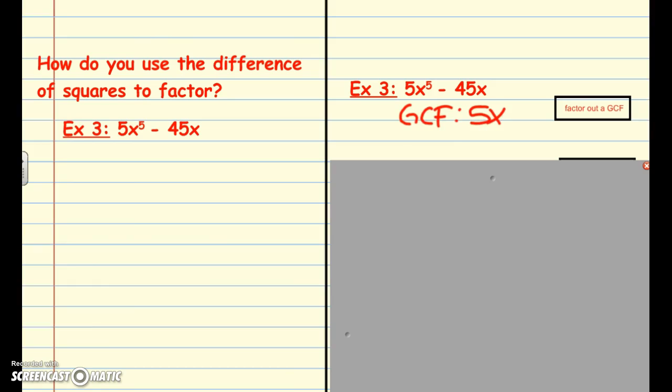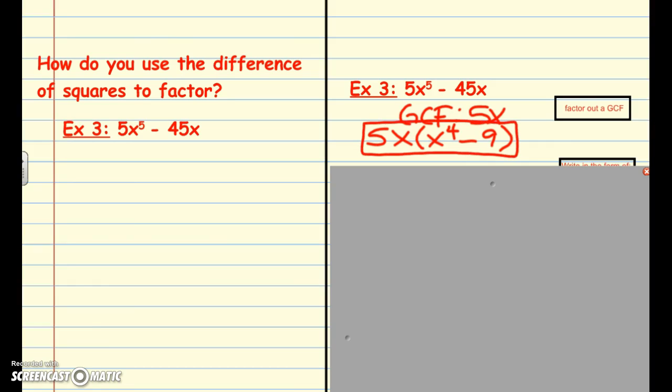And I also want to do that because the whole purpose is to try to get to a difference of squares. And just like we talked about earlier this chapter, we're going to factor out that 5x. That leaves me with x to the 4th minus 9. If you look carefully, you should notice something within this. We have now created, inside parentheses, that difference of squares.